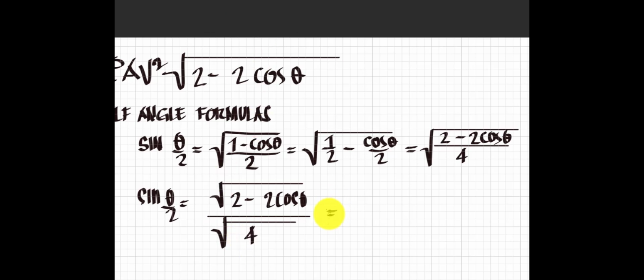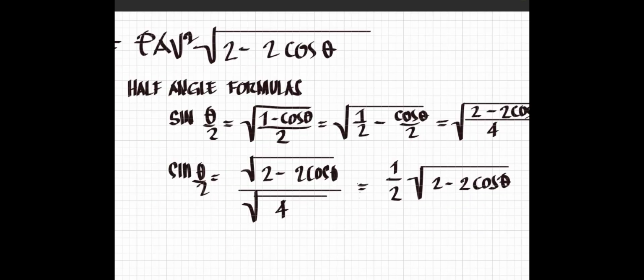Okay, so we can write now this as 1 over 2. So square root of 4 is 2. Then multiply by 2 minus 2 cosine of theta. Okay, so what we need is this one, 2 minus 2 your cosine theta. So we can move this to the other side.